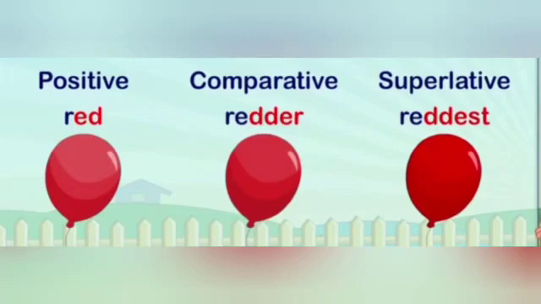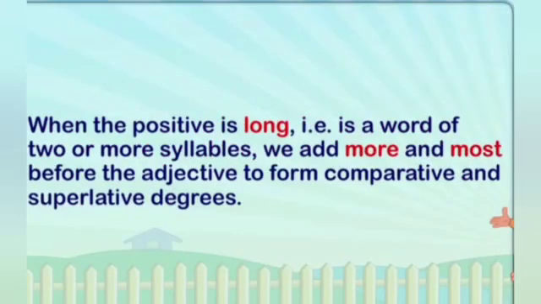Here you can see the spelling of red in positive degree, single d, but in comparative degree we added double d, and in superlative degree also we added double d and est.